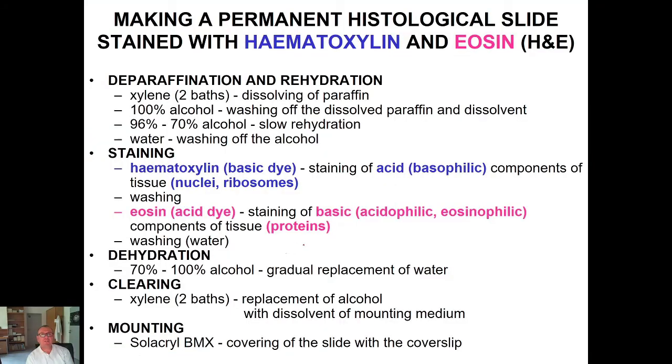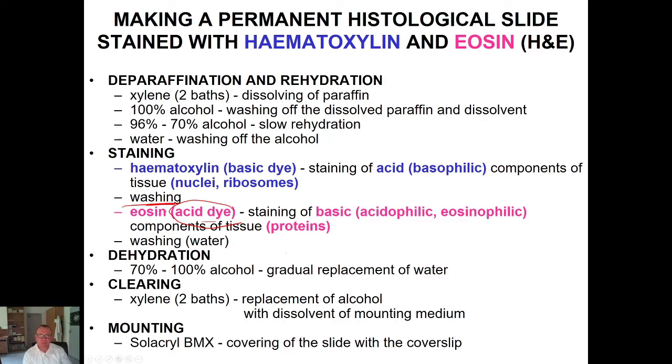Here is the recipe of the most frequently used staining method in light microscopy, hematoxylin and eosin. So deparaffination and rehydration, here xylane and alcohol is used, then water at the end. Then staining can start. Usually we use at first basic dye and at second eosin, like the example of acidic dye. Washing has to be between all staining steps.